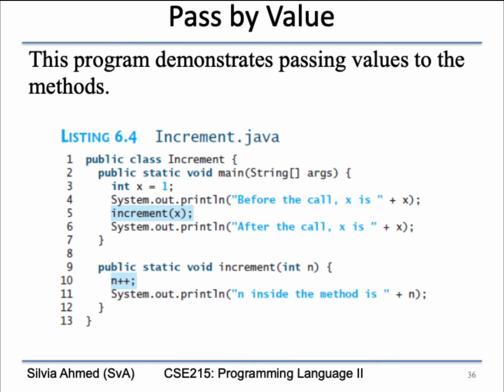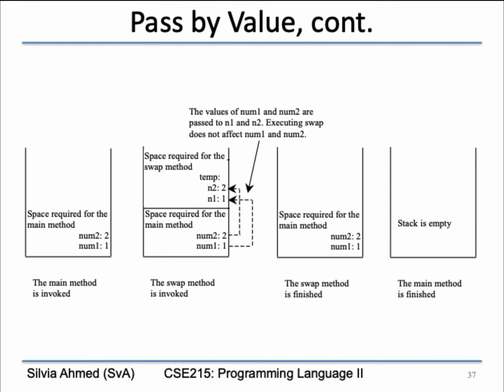Let's look at another example of this using the call stack. This is an example where from the main method we are calling a method named swap, which just swaps the input values.